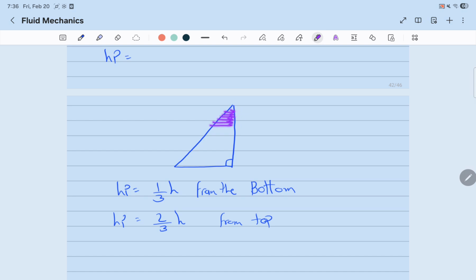In order to reach the location of the resultant force, you need to go deeper and deeper into the fluid until you reach the center of pressure. And the reason behind it is solely geometric, if you're looking at the right angle triangle.